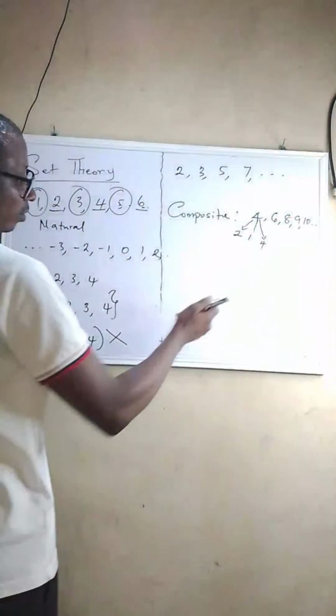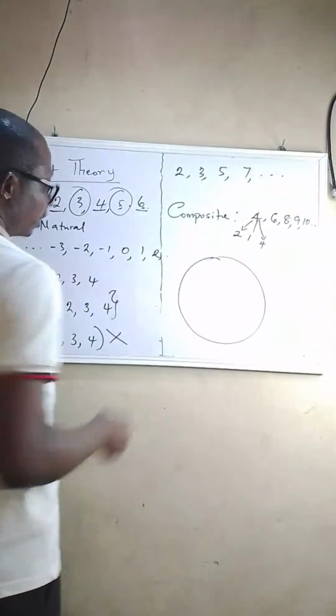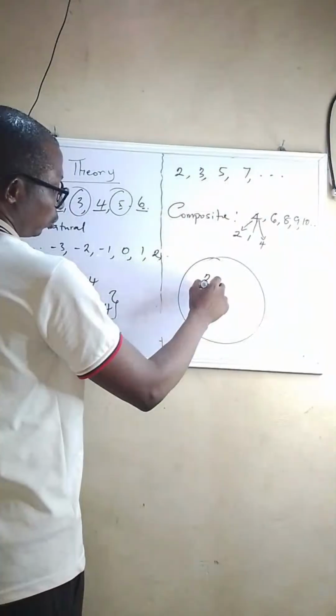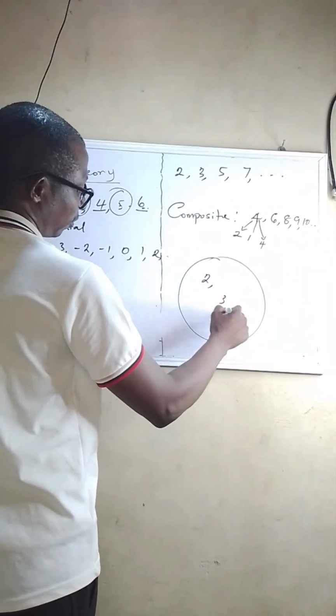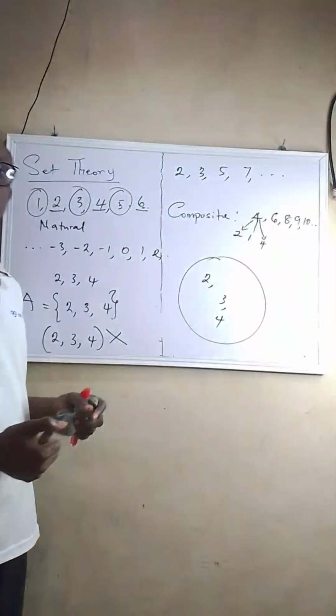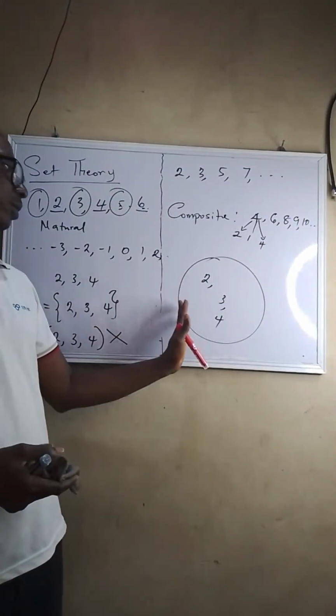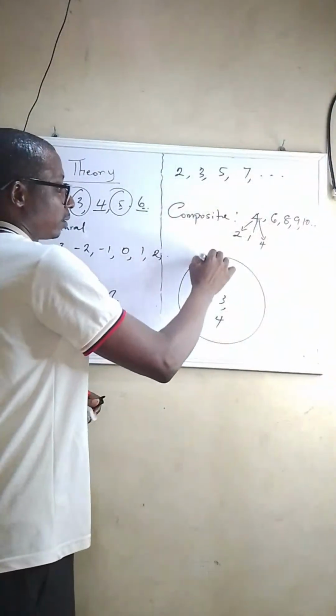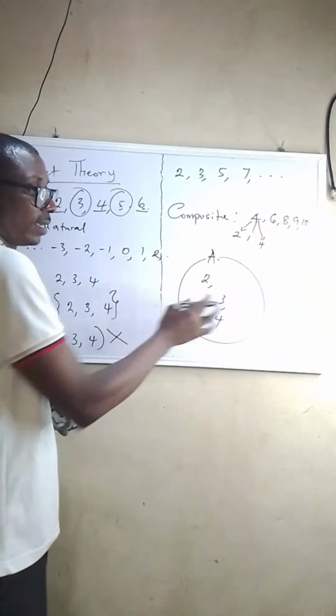So it's just a circular form of this. Like what we have here, 2, 3, 4, you can have it here, 2, 3, and 4. All right? So this is a Venn diagram. So I can label it A. So this is set A.